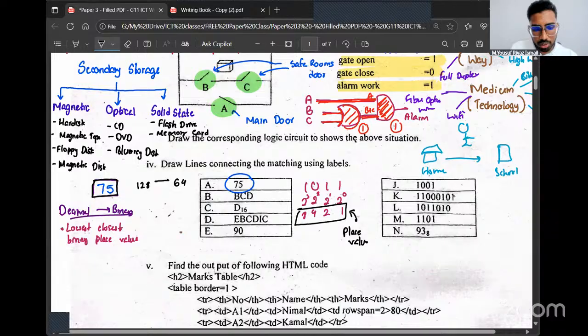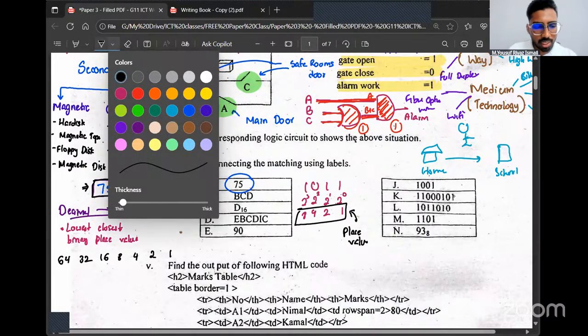So I go to the closest lowest, 64. Now I'm going to write all the binary place values that are less than or equal to 75: 64, 32, 16, 8, 4, 2, 1. These are the binary place values that are less than or equal to the decimal number given here.